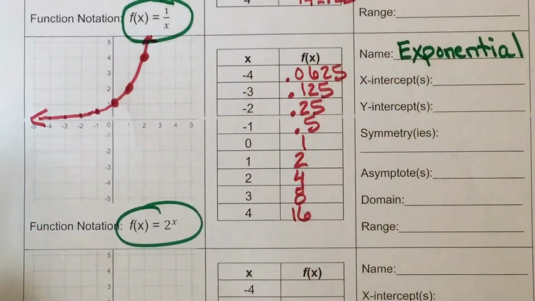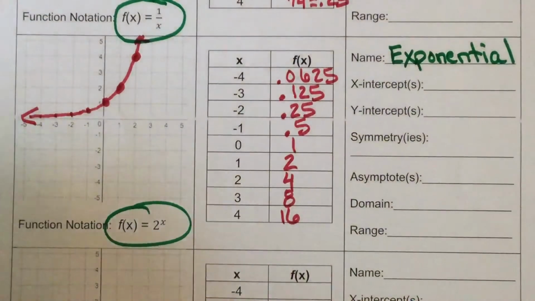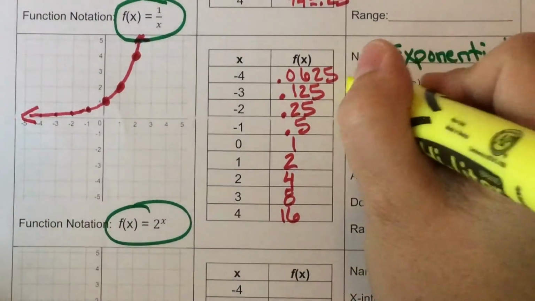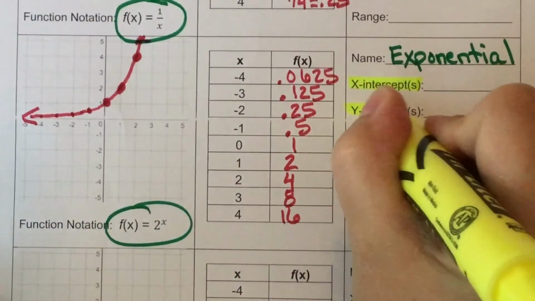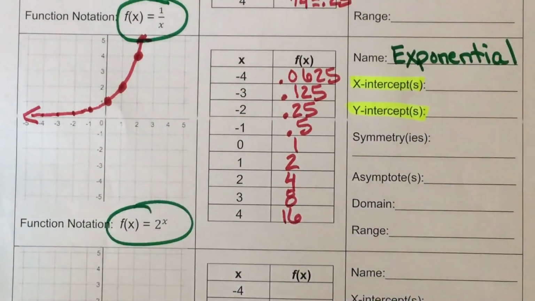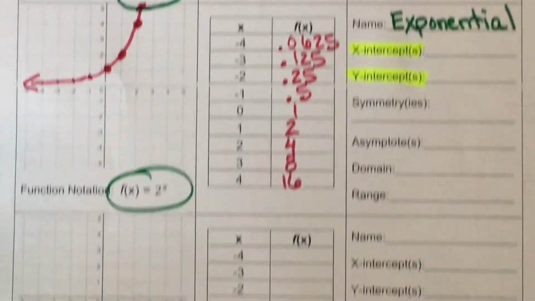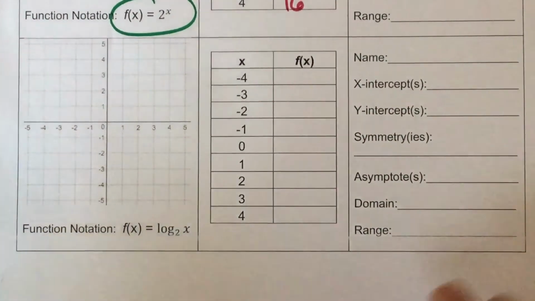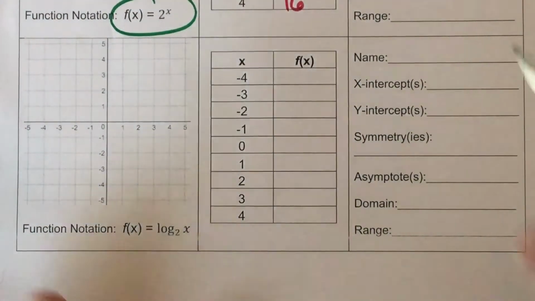Okay, so what I want you to see if you can do is figure out what the x-intercept is and figure out what the y-intercept is. And then this bottom picture, I'm going to tell you what it is called. This is called the logarithmic.